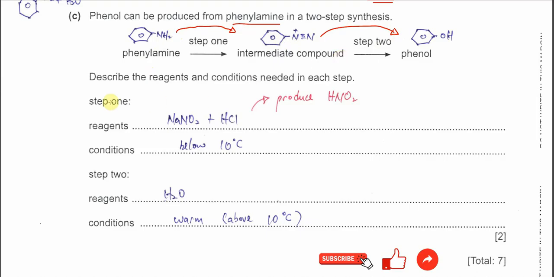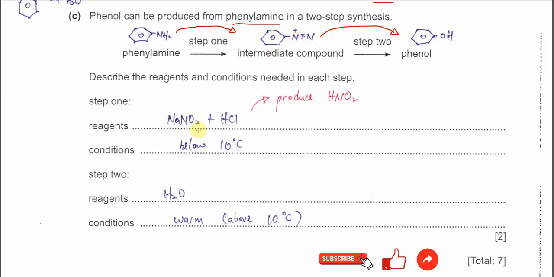So for step 1, you should relate to these two reagents, sodium nitrite with HCl, because when you add these two together, HNO2 forms in situ, and this will further react with phenylamine and form the benzene diazonium ion.